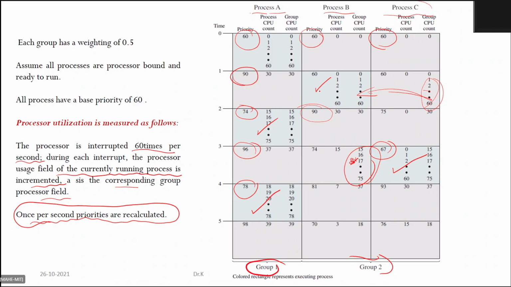Since a particular process belongs to a group, out of the many processes in the group, the processor is given to the particular process for the execution. This is how the fair share scheduling is executing.